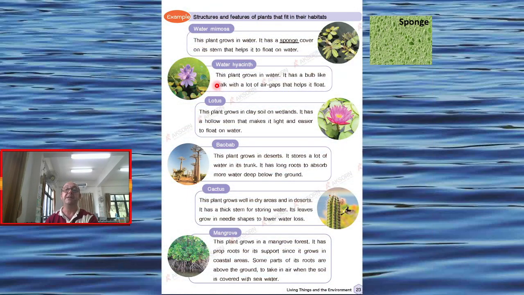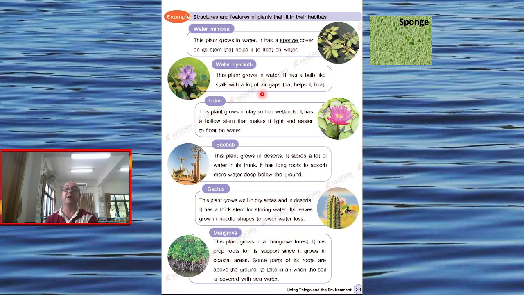So the next plant is the water hyacinth. This plant grows in water. It has a bulb-like stalk with a lot of air gaps that helps it float.